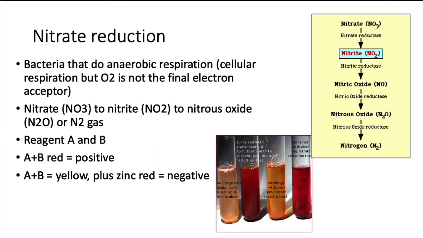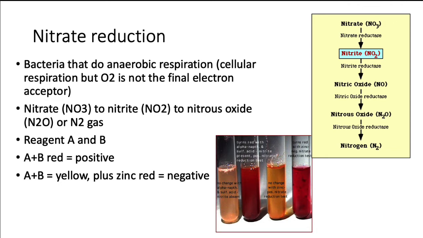Many bacteria have the ability to reduce nitrate, but they do it differently. Some of them may only go from nitrate to nitrite, others can go all the way to nitrogen gas. So how do you know that? There is a test. The nitrate reduction test has two reagents, nitrate A and nitrate B. You add A and B to your test, and if it turns positive, that means the nitrate has been reduced to nitrite.